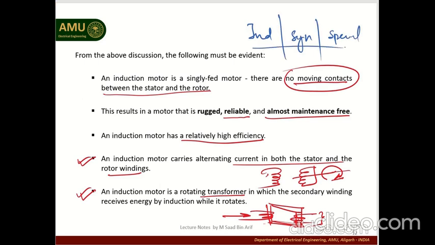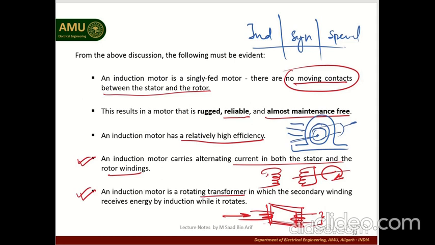And as far as the operation of induction motor is concerned, we just discussed in brief that it works on the principle of Faraday's law of electromagnetic induction. We give a three-phase supply to the stator, and voltage is induced in the rotor. Because of that induced voltage in the rotor, we have a motion. We will discuss in detail later how induction motor works. During that discussion it will be more clear to you.